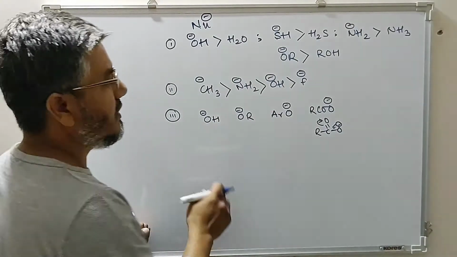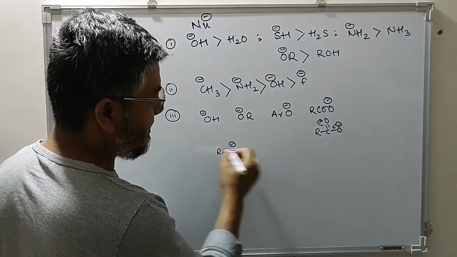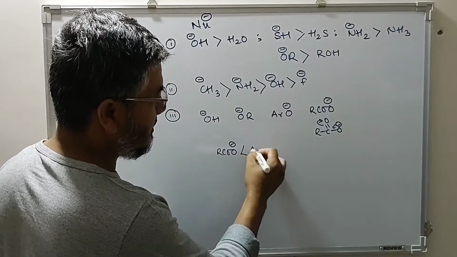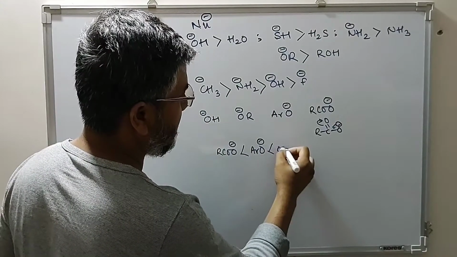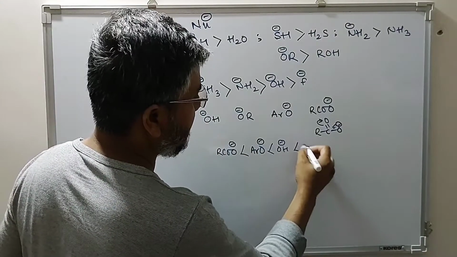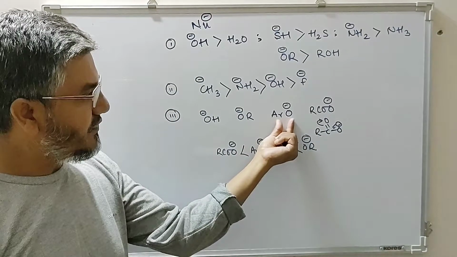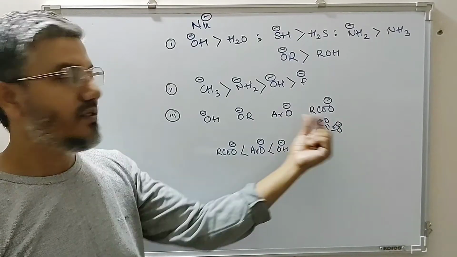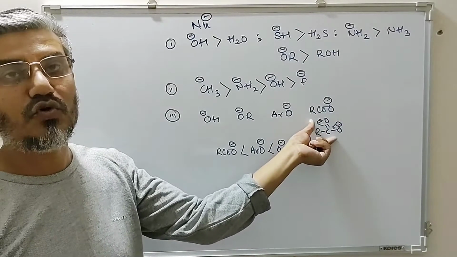So the order of nucleophilic character is: RCOO minus is less nucleophilic than ArO minus, which is less than OH minus, which is less than OR minus. In both phenoxide and carboxylate ion there is resonance, but the extent of resonance is more in the carboxylate ion.